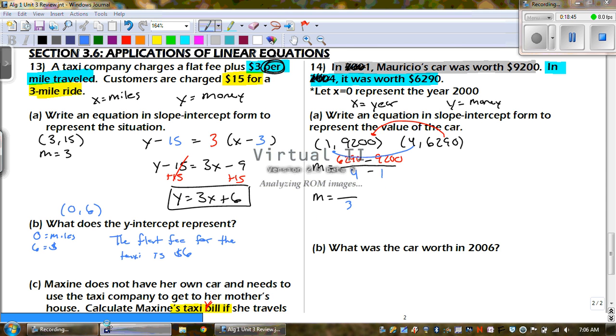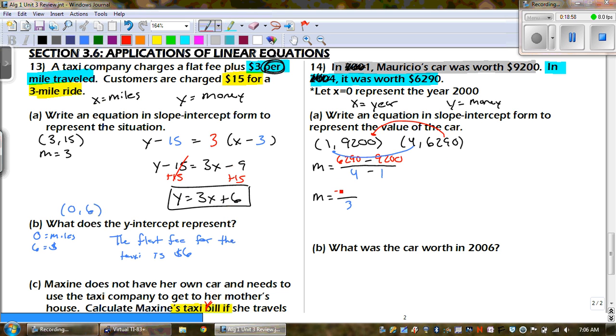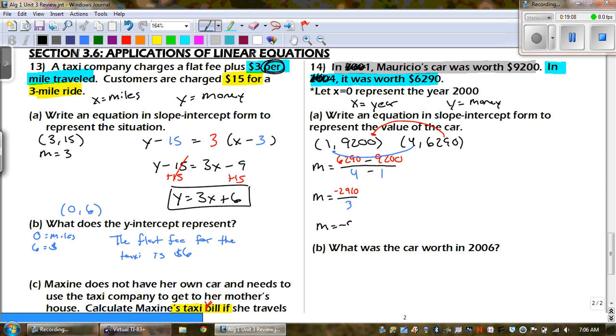Okay, but the other one, 6,290 minus 9,200, that equals negative 2,910. And we have to simplify that, so I'm just going to divide that number by 3, and we get the slope is negative 970.